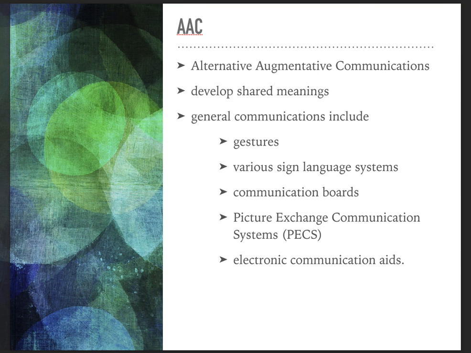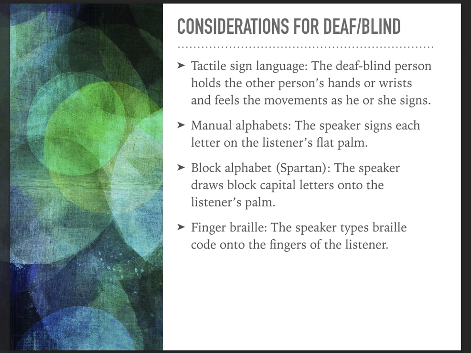Basically, facilitated communication is where you have a communication board out, and for students who are unable to actually point or use the board, the facilitator helps either guide the student's hand or in some way assist the student in using the communication device so that they can communicate better.